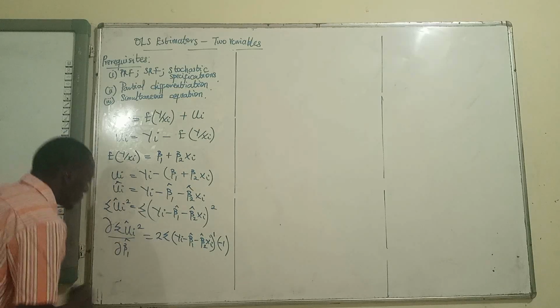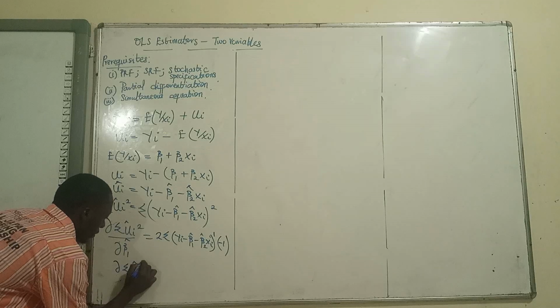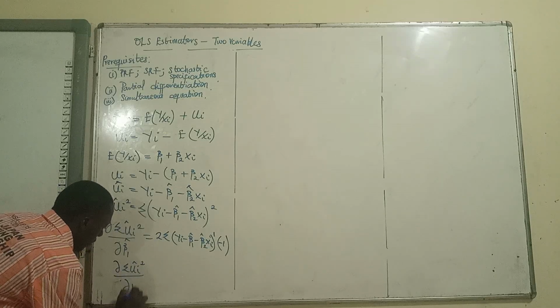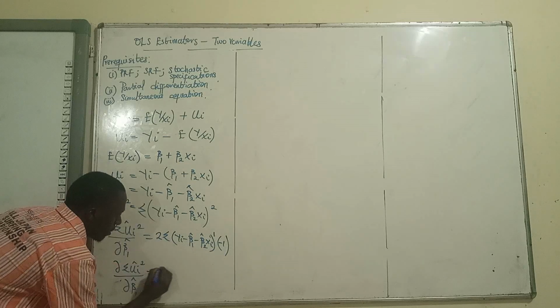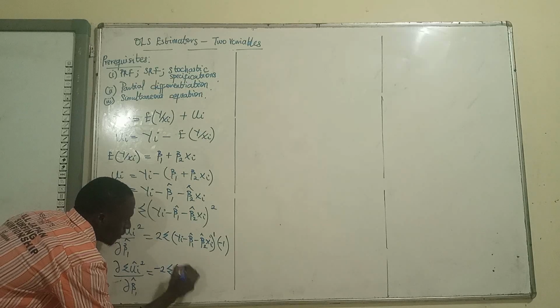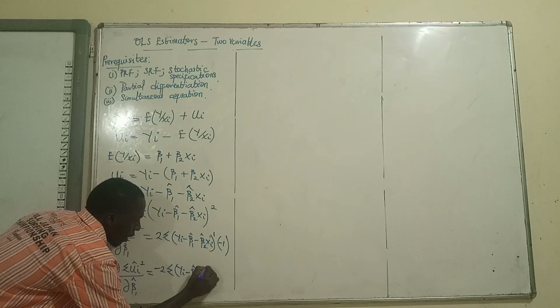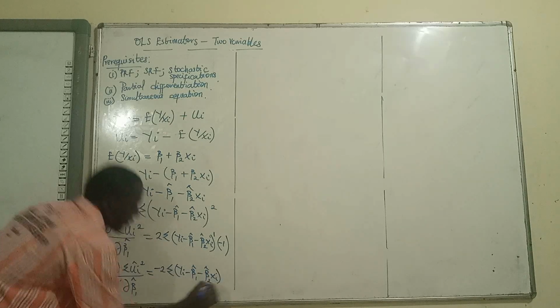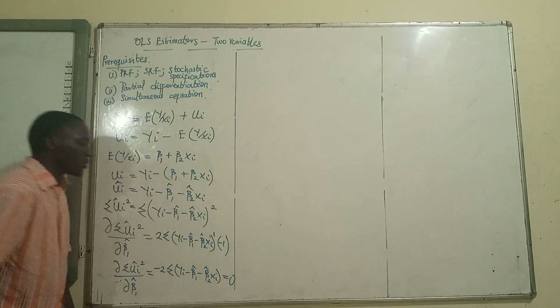So we simply have minus 1 times 2, that is minus 2 summation yi minus beta 1 cap minus beta 2 cap xi. Then we set it equal to 0 to find the parameter we want.